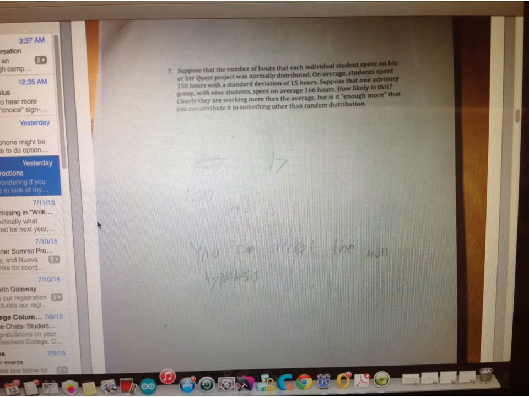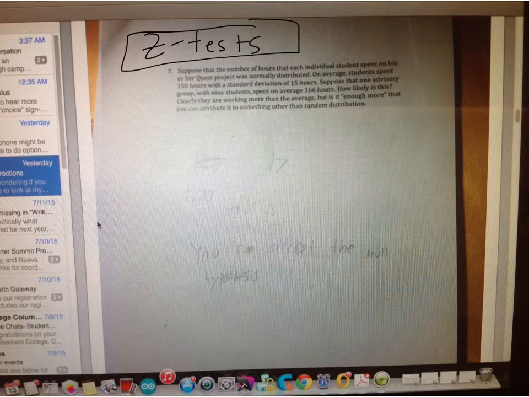This looks like you need to do a little bit of review on z-tests. The main idea is that we want to take some value. We want to take this 166 hours and compare it to the 155 hours in terms of how many standard deviations it is away from the mean.